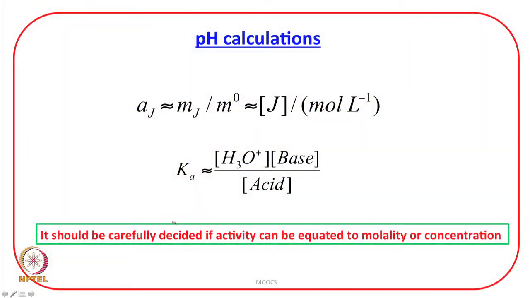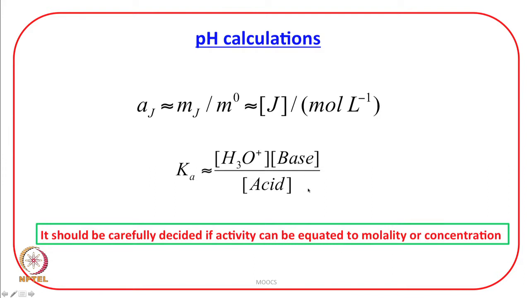And if we are sure that the solution is so dilute that we can treat the activity coefficient to be approximately 1, then we can make the assumption as seen in this slide, that is, we express the acidity constant in terms of concentration.